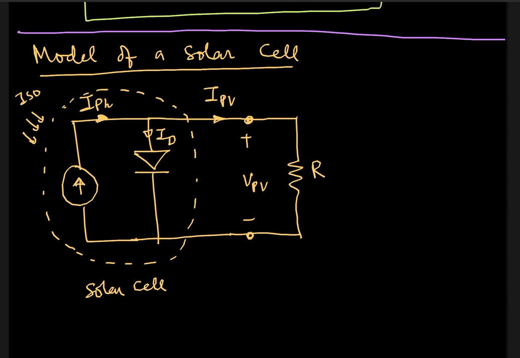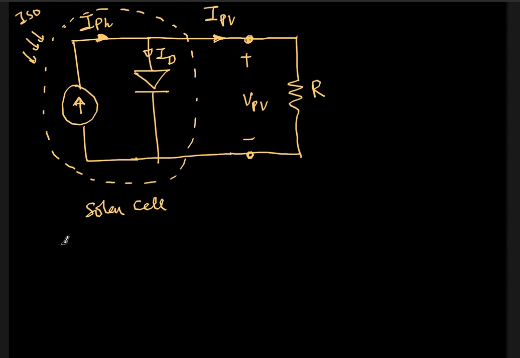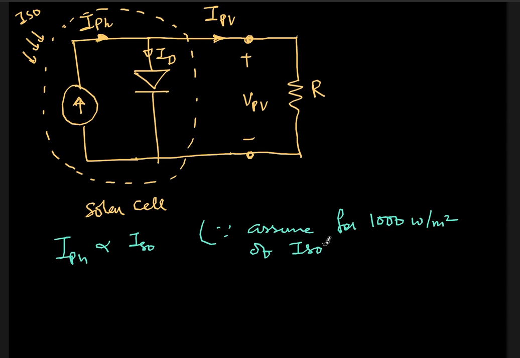So I'll give the equations for this. IPH is proportional to the insolation. Let's assume that for 1000 watts per meter square of insolation, the IPH current is 10 amperes.